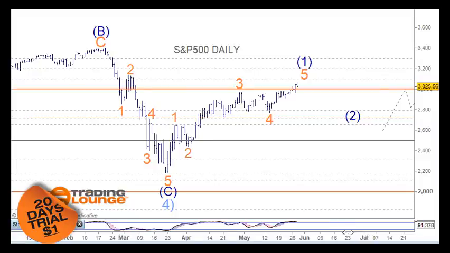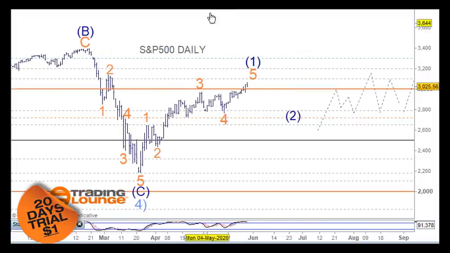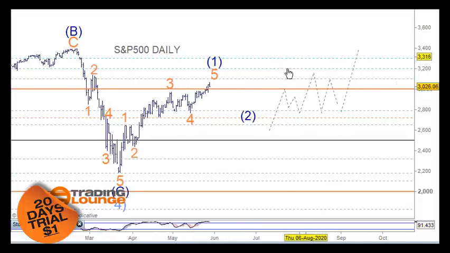So just to recap the situation, we need the 3,000 for this pattern, where, as far as I'm concerned, we were in this leg up through here. We still may be in that leg. We can't confirm that that's finished until the 3,000 becomes the retested resistance.